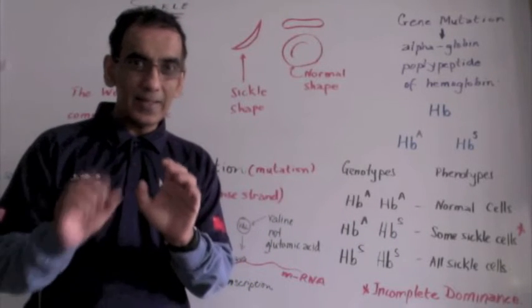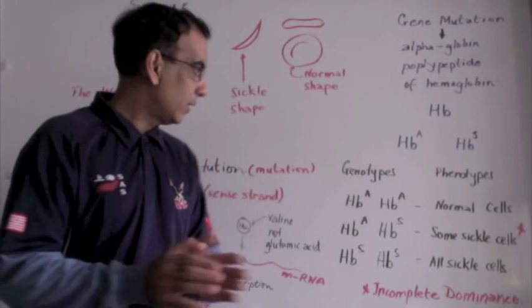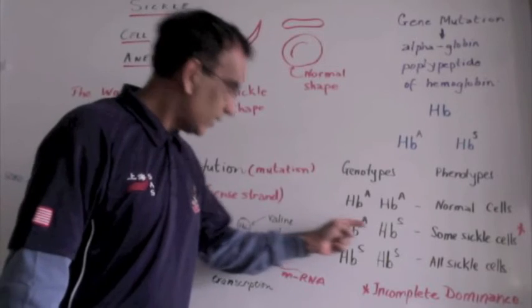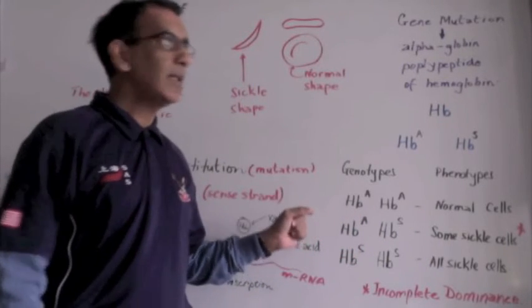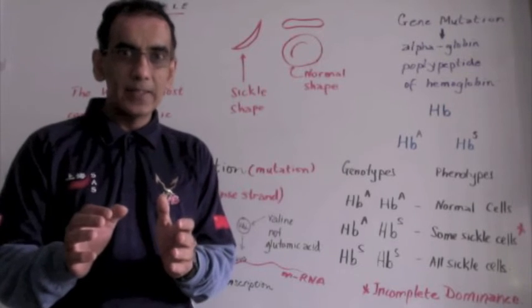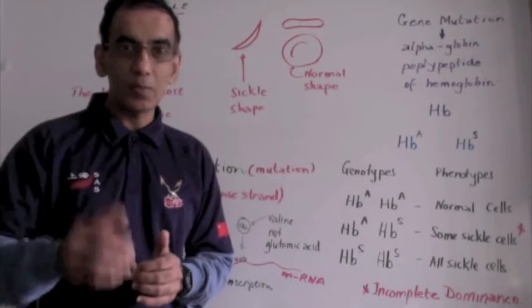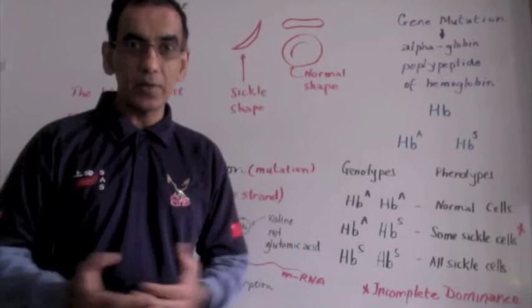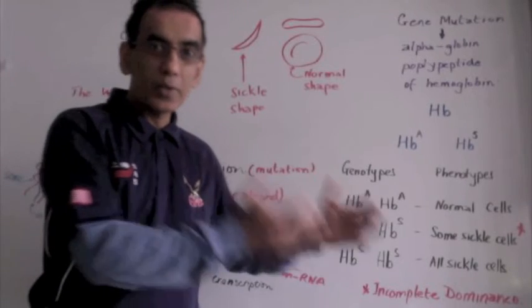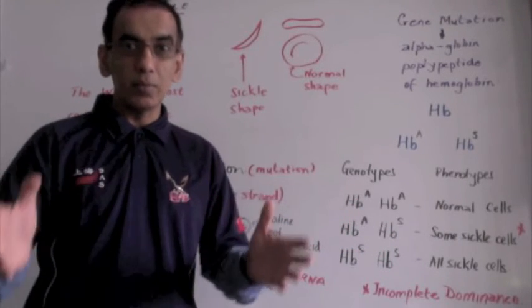because in the case of this particular gene, the sickle cell allele is not recessive, but it exists as a codominant allele, meaning that it expresses itself in the phenotype or in the outward appearance of the organism, while not suppressing the other allele, which is the allele for normal blood cells.